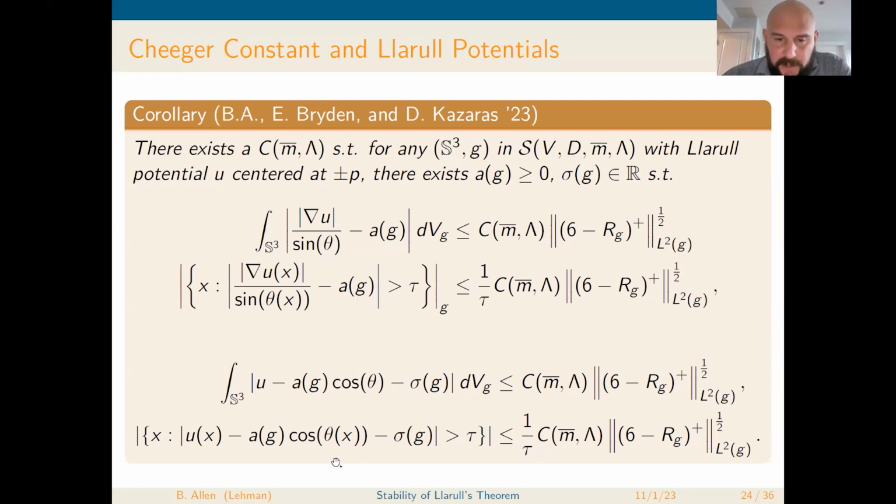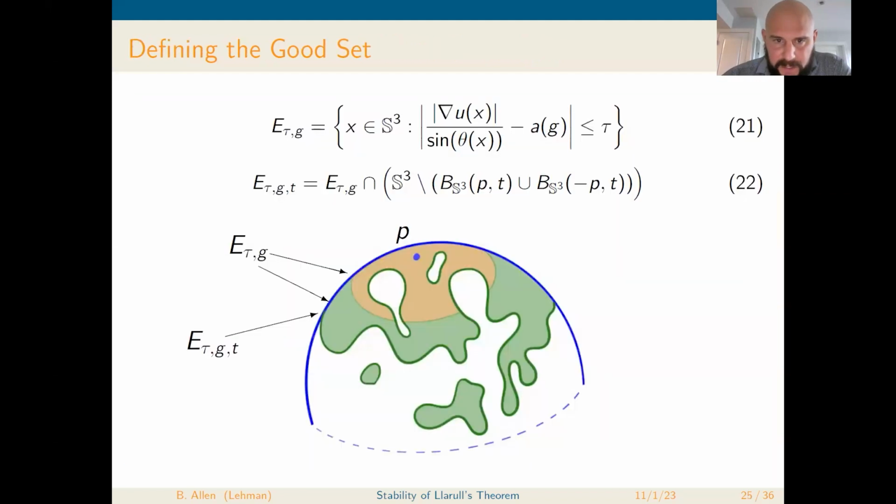By Chebyshev's inequality, you can do a similar argument about the bad region where you're bigger than tau. So we get a second integration constant, which will be used a little bit. We're again going to define this good set where we have this comparison to the gradient of u. Remember, sine of theta is like the gradient of the Llarull potential on the round sphere, so we're comparing the gradient of our Llarull potential with the gradient of the round sphere's potential.